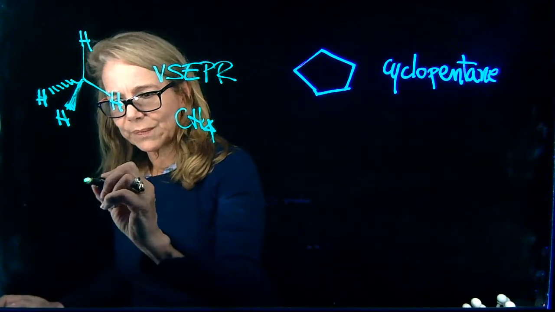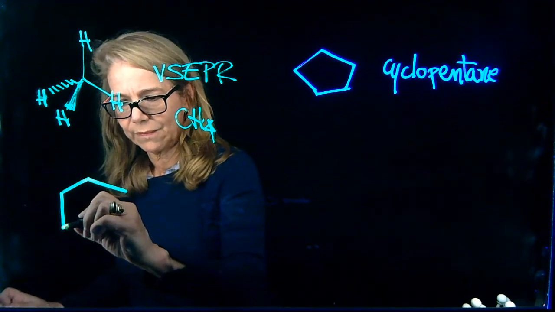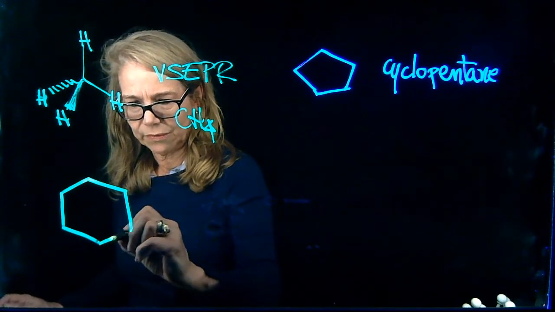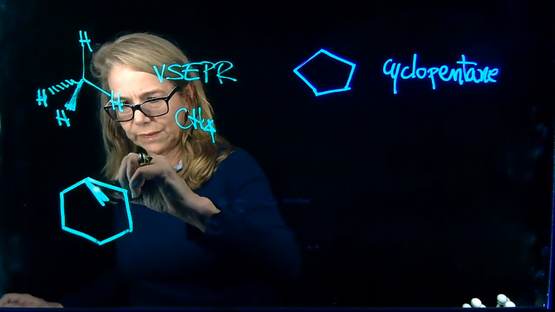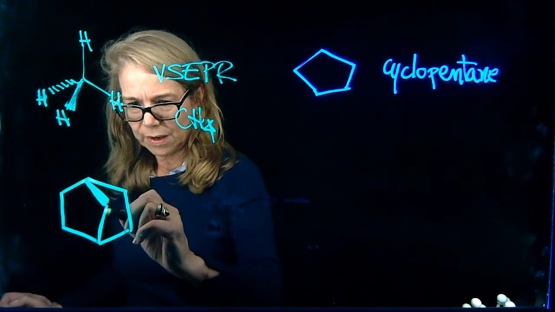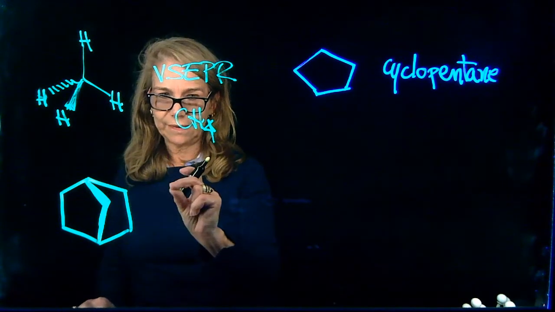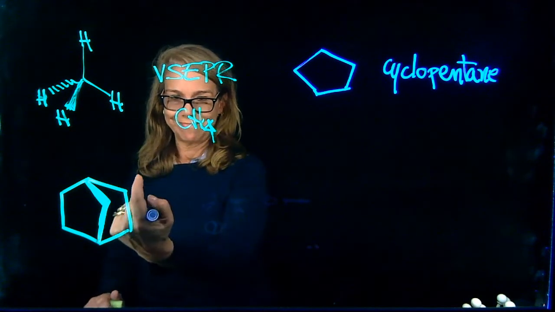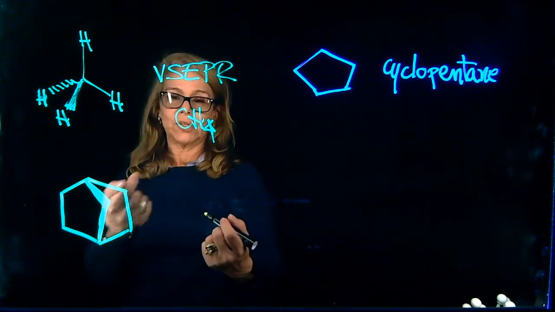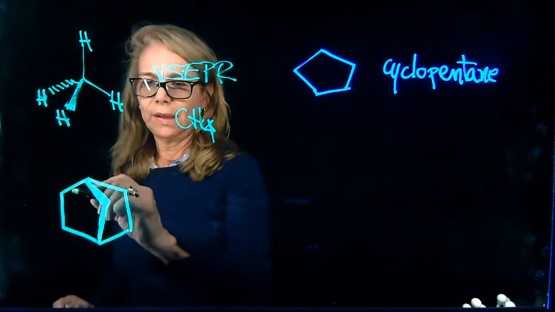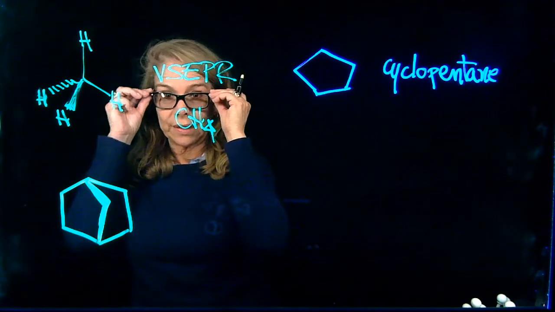So now, let's say that I have this, and now I am going to draw this little wedge here. And remember that what that means is this is coming towards me, away from the plane, and the other atoms I drew in the cycle.